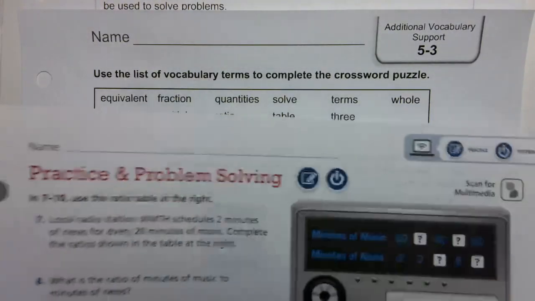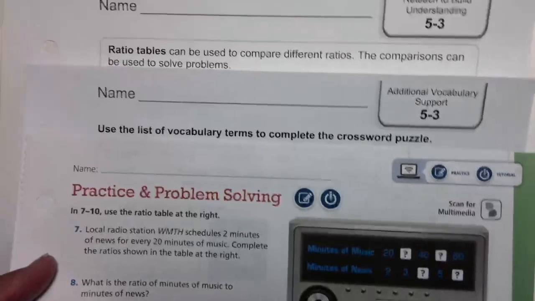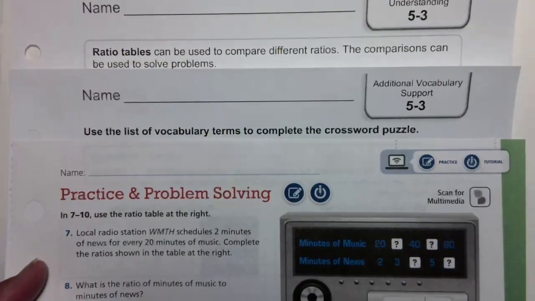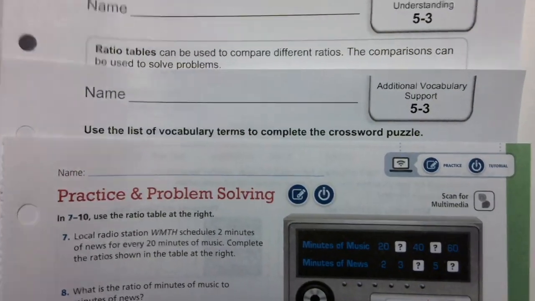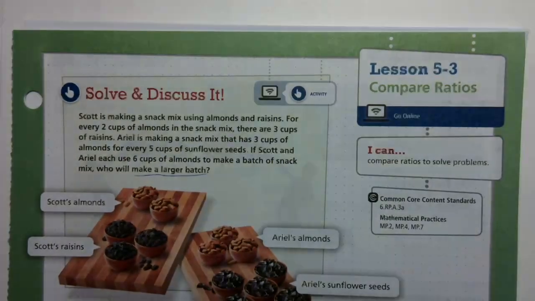So you have 3 things to finish in class today: the reteaching, the vocabulary, and page 283. And your teacher will decide whether to give you a quiz over this or not. Okay, that's your lesson for today. It was comparing ratios. So get busy and do some thinking, and I'll be with you again next time.